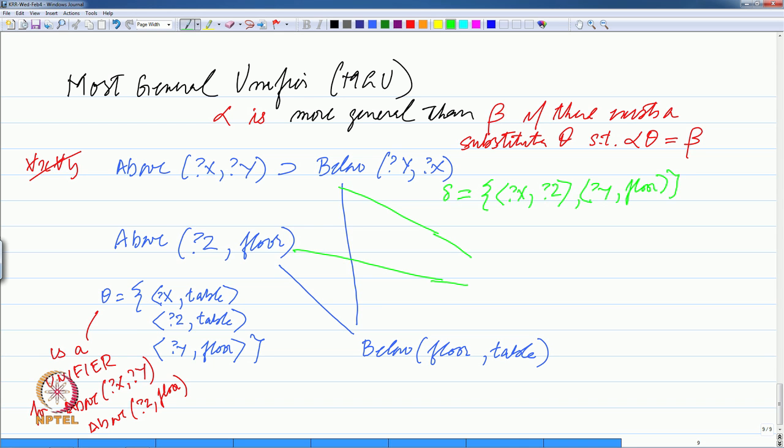I am allowed to do that. Remember that you are allowed to substitute a variable with anything, you can even substitute it with another variable essentially, it is the same thing essentially.